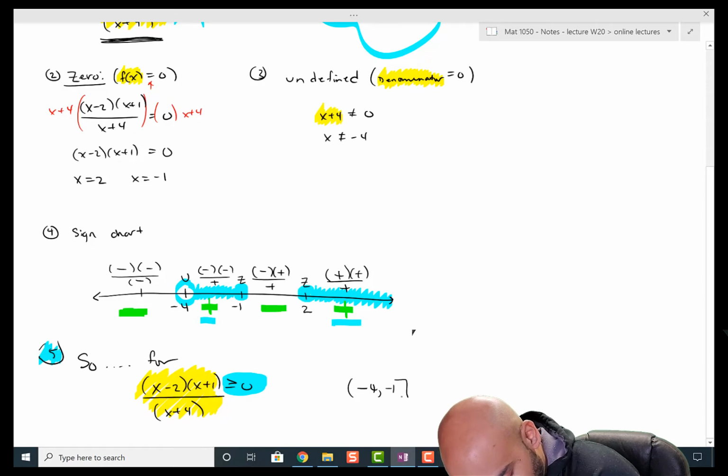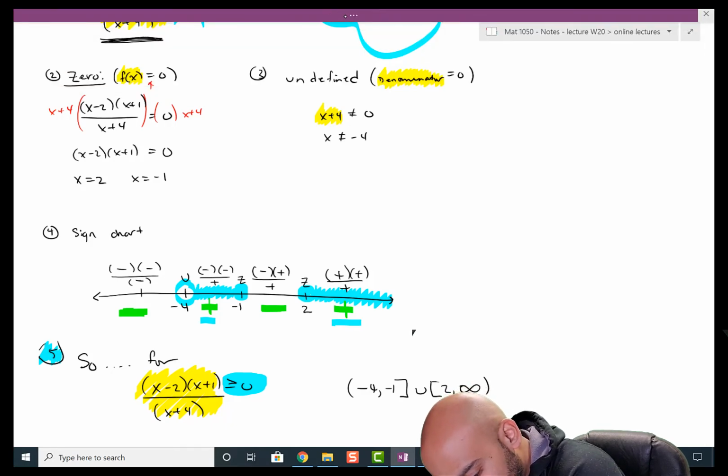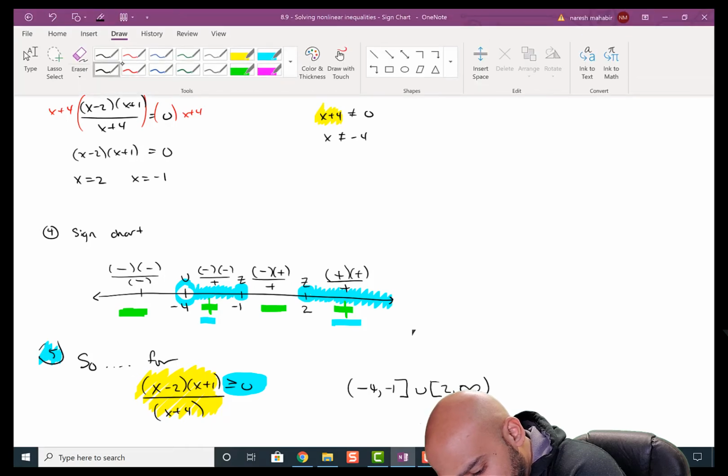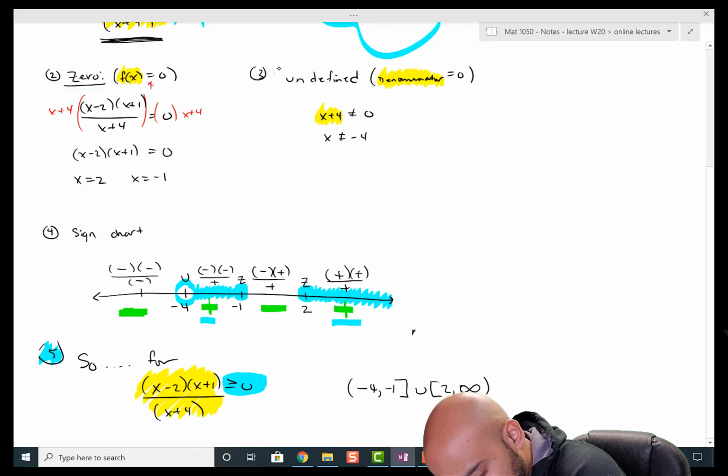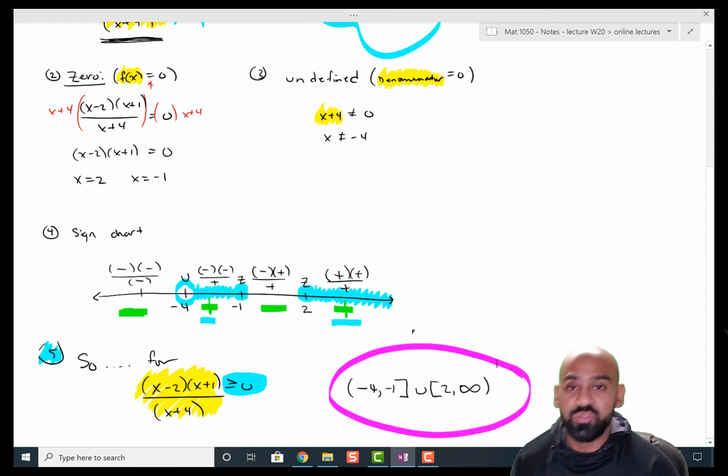But that's going to be a hard bracket, not a soft bracket, because it's including -1, union 2 to infinity. Those are all the x values that make that initial expression greater than or equal to 0.